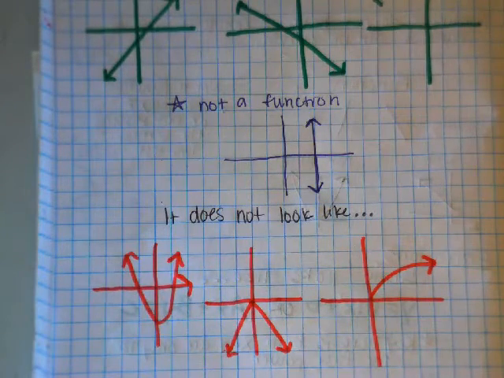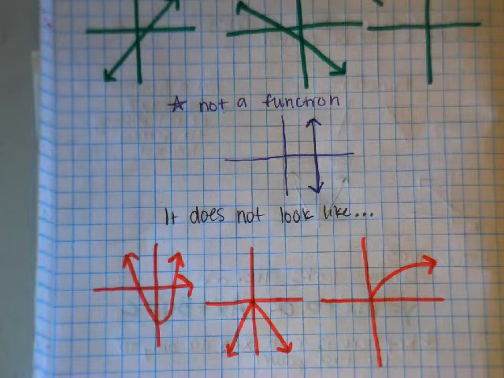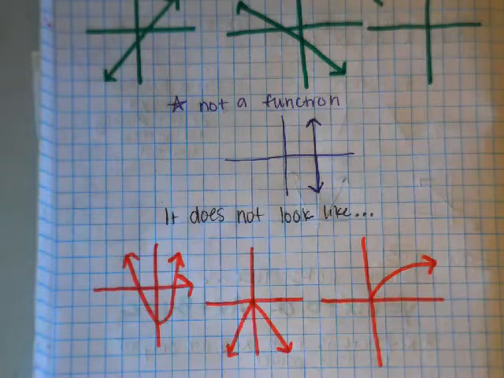Okay, the graphs are the easiest to distinguish. You just look at them and you know, like, that's linear or that's not linear.